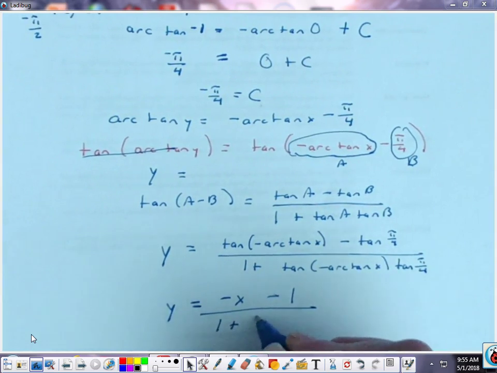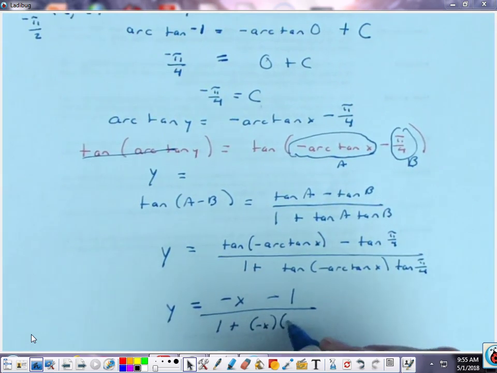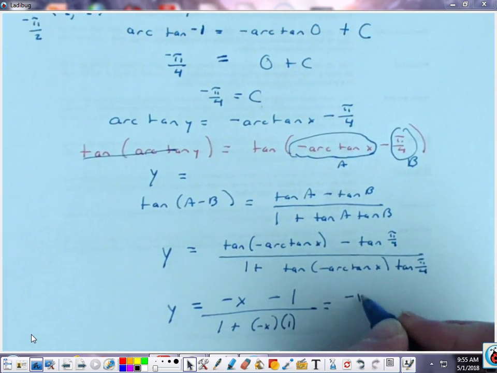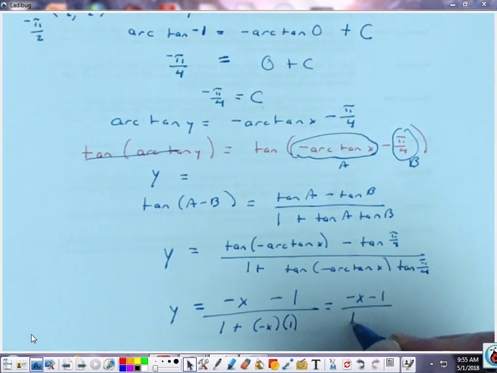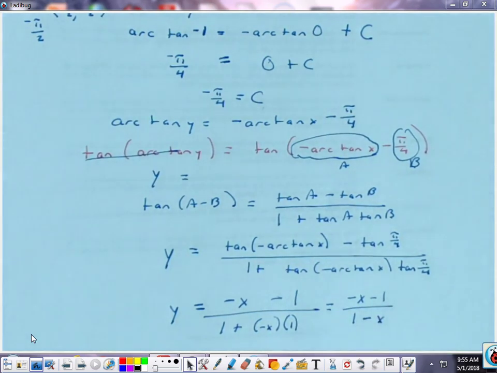And then we're going to have 1 plus negative x, same tangent. I think we got it. Yep. Now you can flip the order and stuff like that if you want a different version of it, but that is what it is.